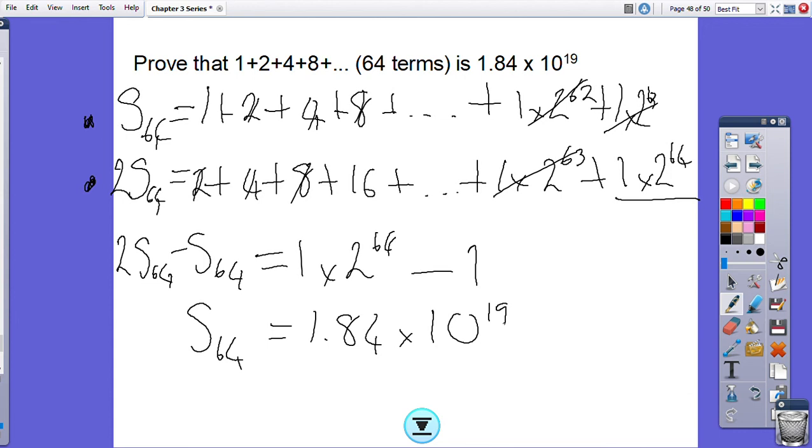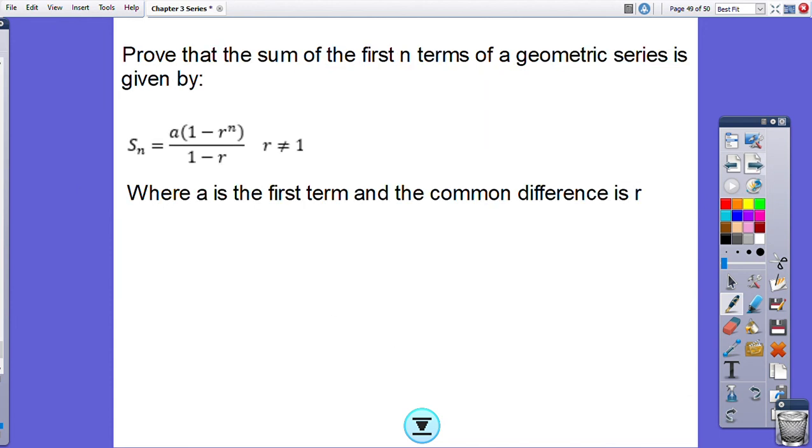Okay, let's have a look at proving the actual overall formula for the geometric series. Now I'm going to go with the version for when r is less than 1.